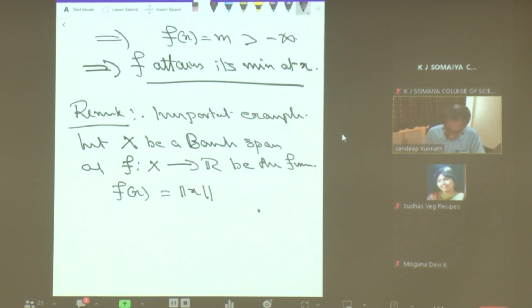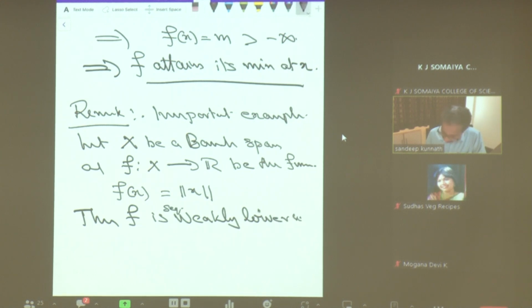Okay? Then this implies that f is weakly lower semi-continuous, or rather sequentially weakly lower semi-continuous.